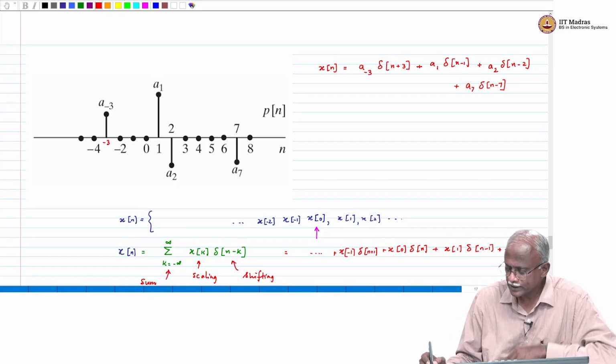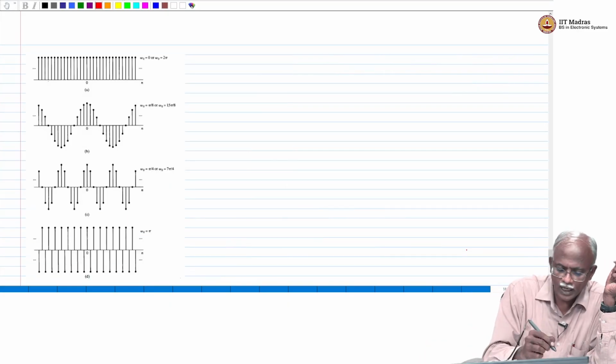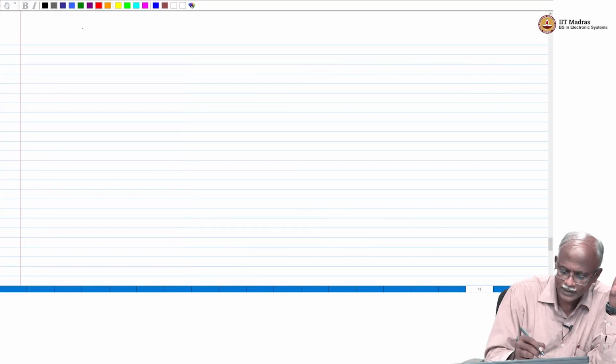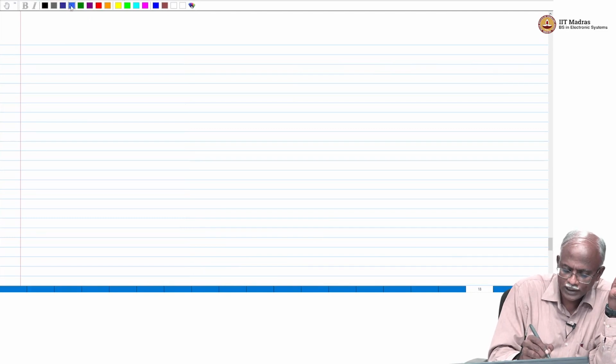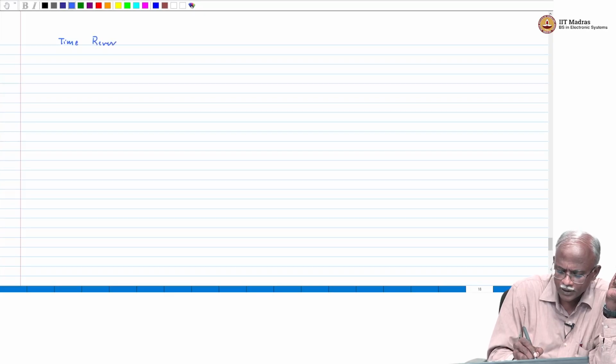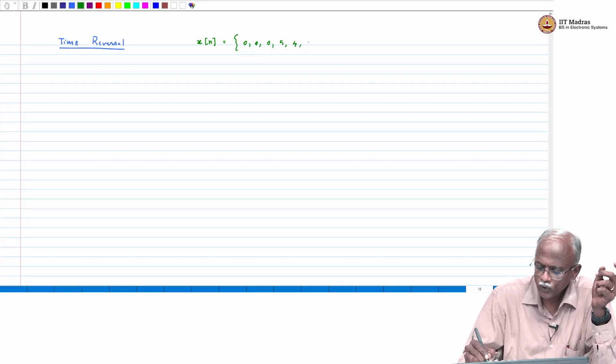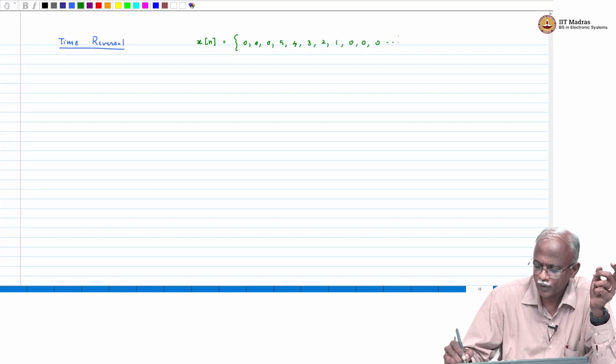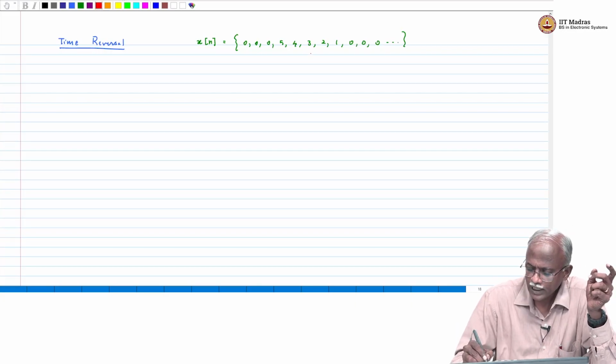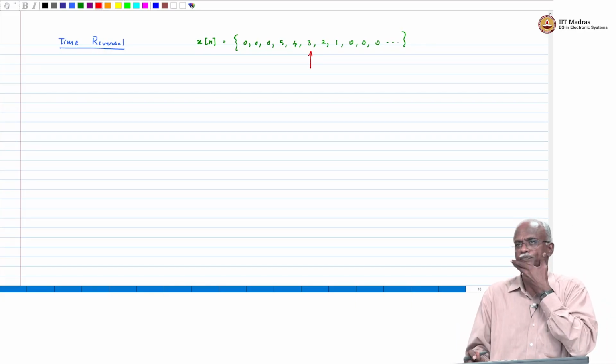Now, one of the operations that we do on discrete time signals is called time reversal. Let us just look at a simple example. Supposing I have a sequence x of n, which is 0, 0, 0, 5, 4, 3, 2, 1, 0, 0, 0, and so on, and we are told that this is the 0 point.